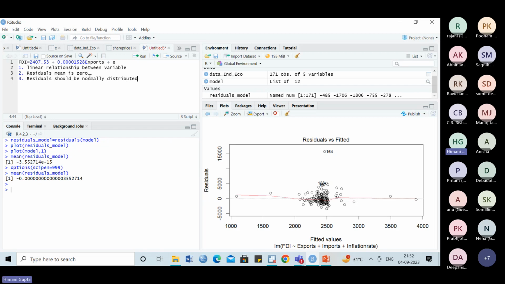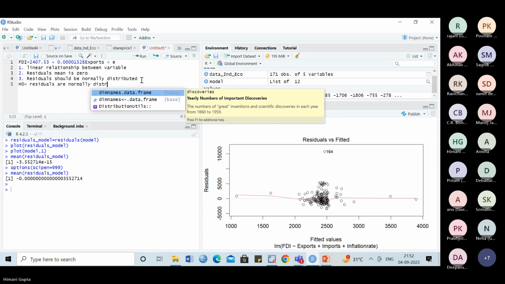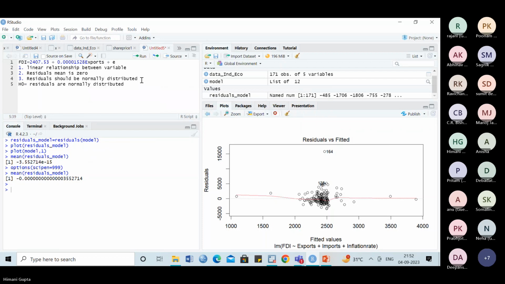One way to check this is to say my H0 is that your residuals are normally distributed, and your H1 is that residuals are not normally distributed.